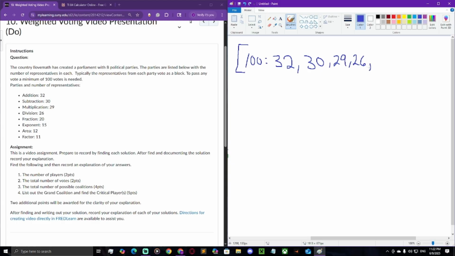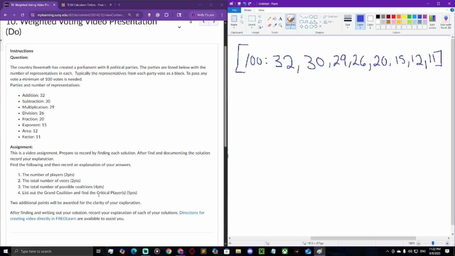That was a really bad comma. 20 is our player 5. 15 is our player 6. 12 is our player 7. And then 11 is our player 8.